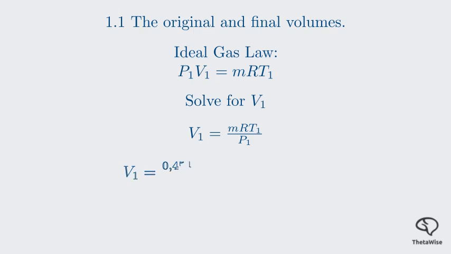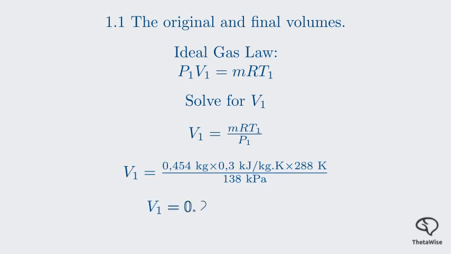V1 equals 0.454 times 0.3 times 288, divided by 138. Calculating this gives us an initial volume of approximately 0.284 cubic meters. We'll round this to 3 decimal places. So we've successfully calculated the original volume of the gas.